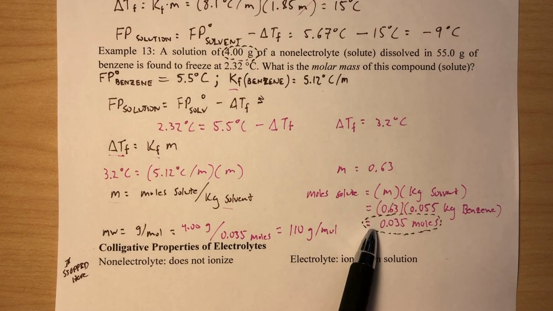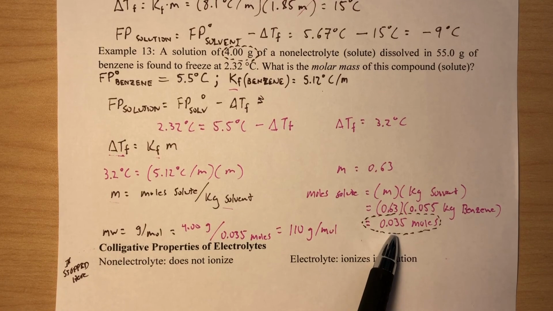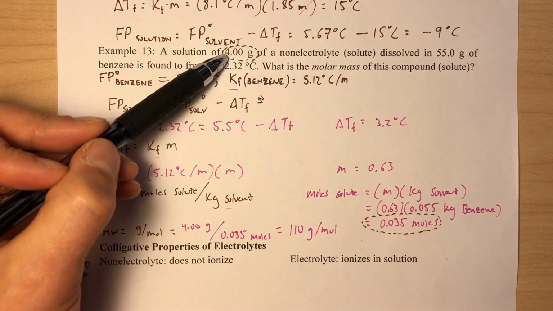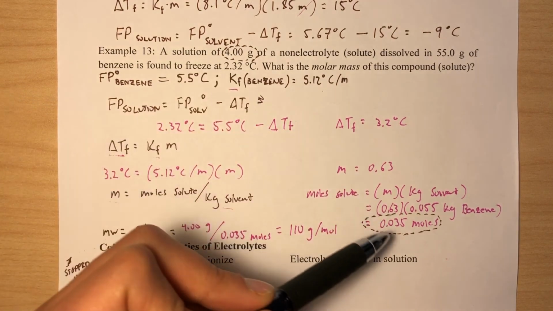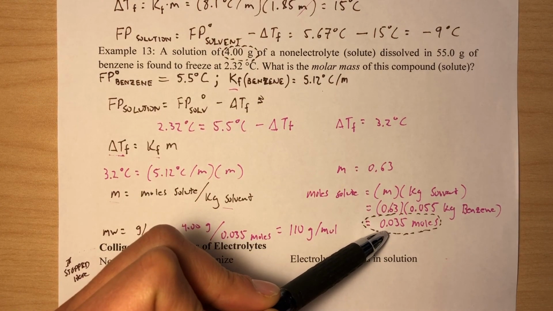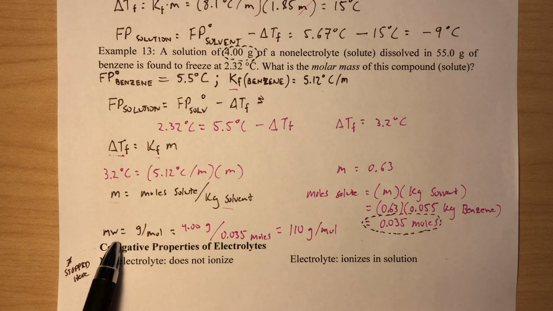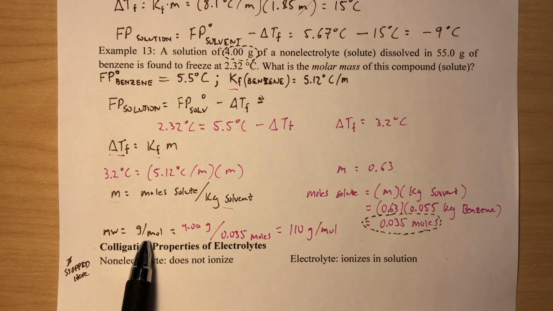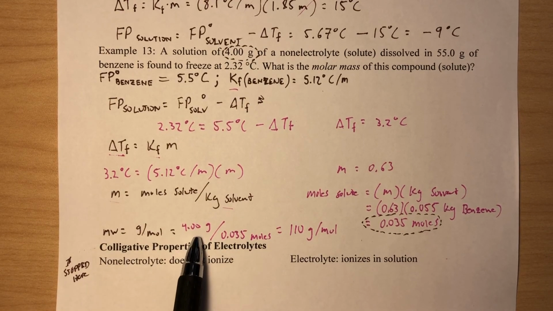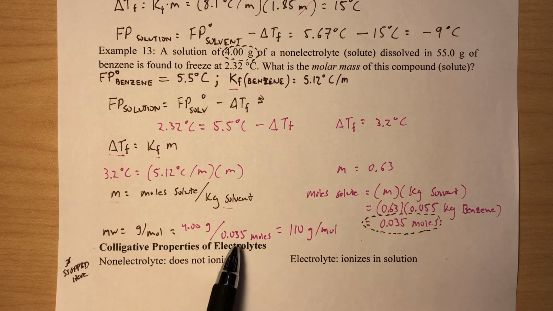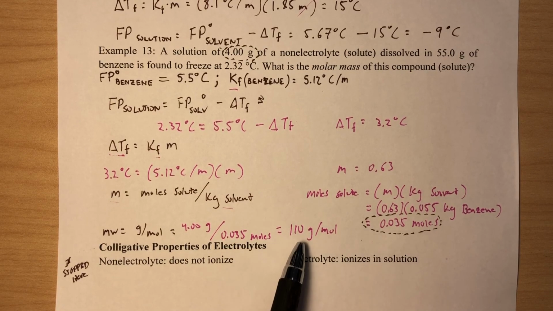And we multiply those values together, and what we're left with is 0.035 moles. We have 4 grams of solute, and we know that that equals 0.035 moles, so we can now solve for our molecular weight, which is equal to grams per mole, which is equal to 4.00 grams divided by 0.035 moles, which is equal to 110 grams per mole.